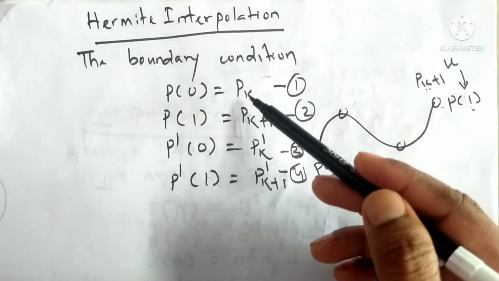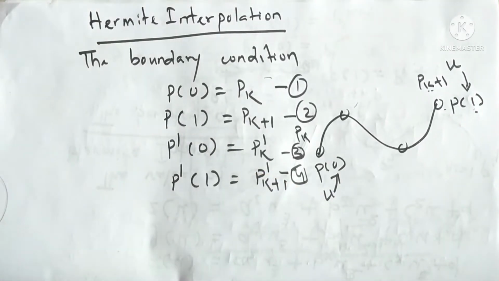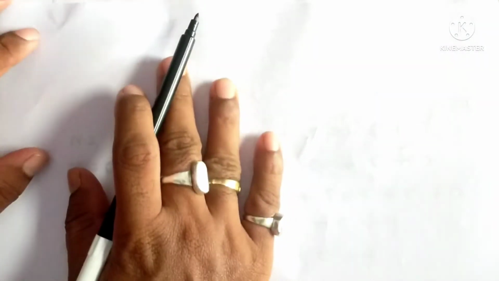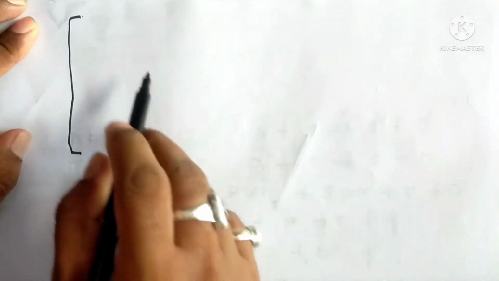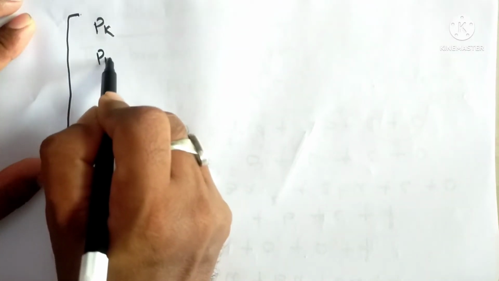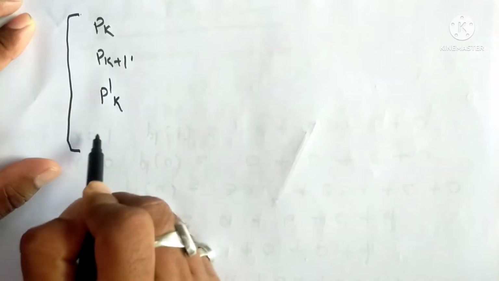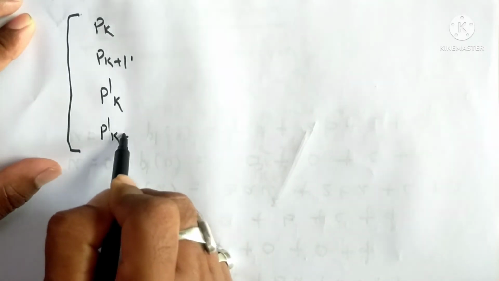Now you set the Pk value equal to P0, and we got the value of P0. So now we will write the matrix as it is: Pk, Pk plus 1, P dash k, and P dash k plus 1.